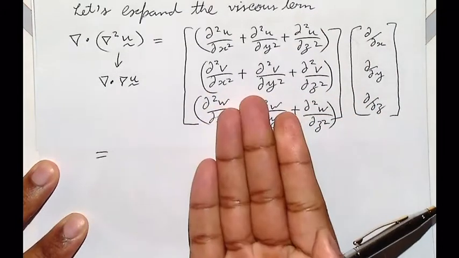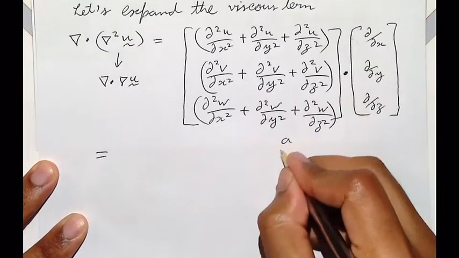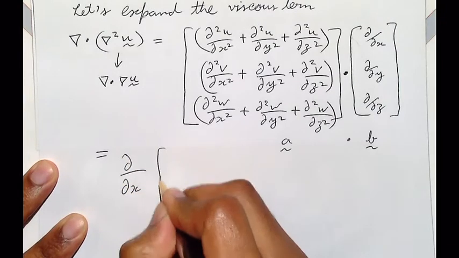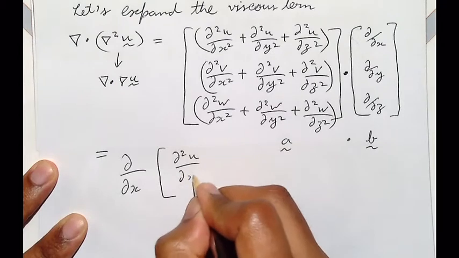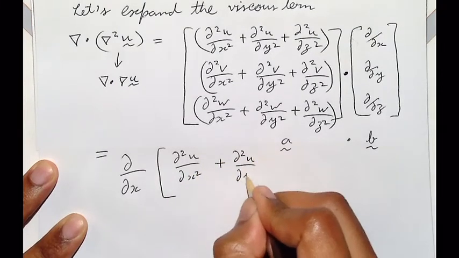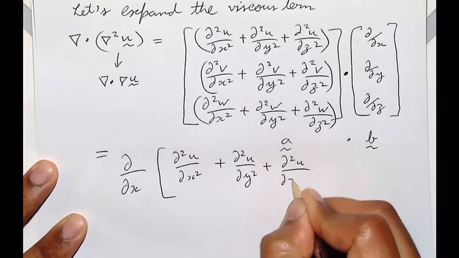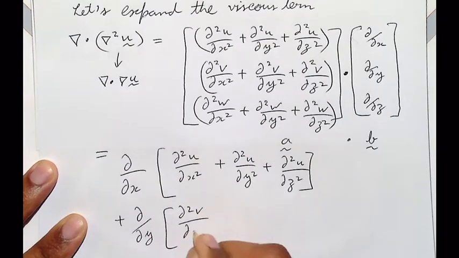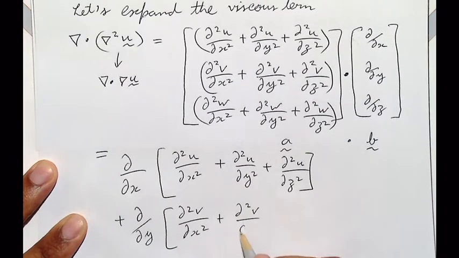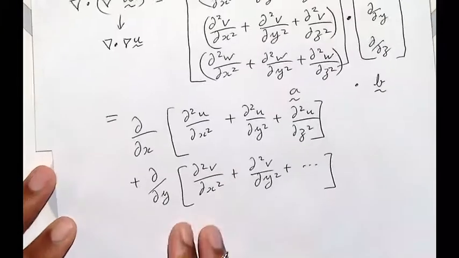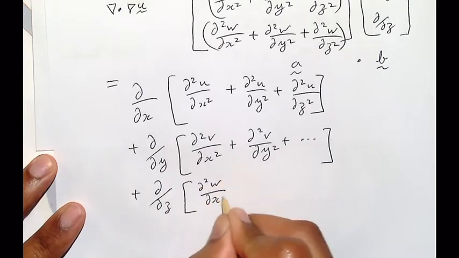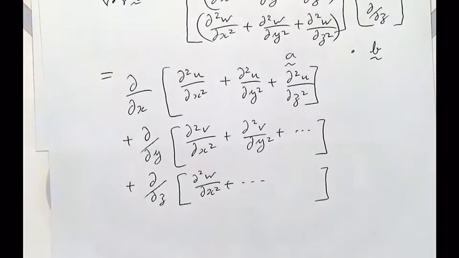So this is vector A, this is vector B, so this is just A dot B, which expands out to del over del x of this whole thing inside, or u, plus del over del y, and then the last one, del over del z. Okay. All right. What next?